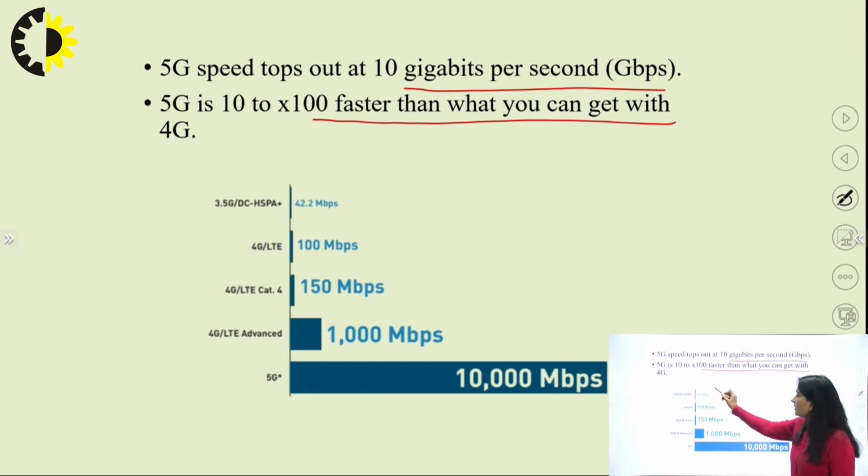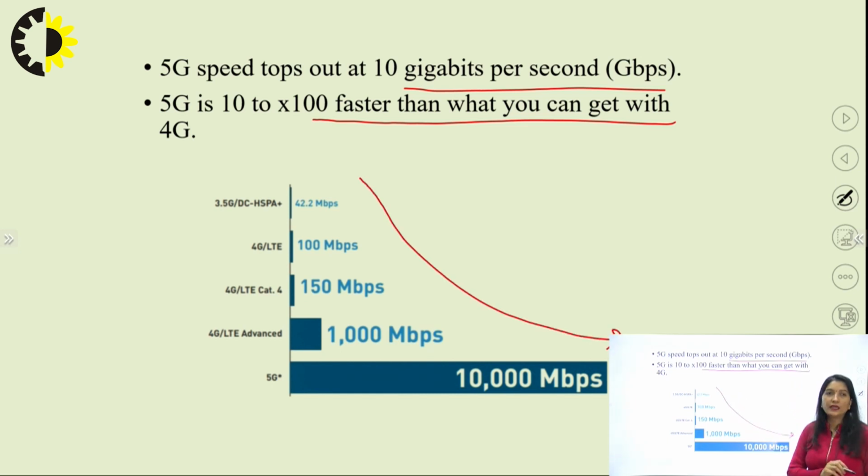So here you can see the evolution in terms of the data rate. In 3.5G or HSPA, we had a 42.2 Mbps data rate. In 4G LTE, 100 Mbps data rate. Here we are talking about the theoretical data rates.